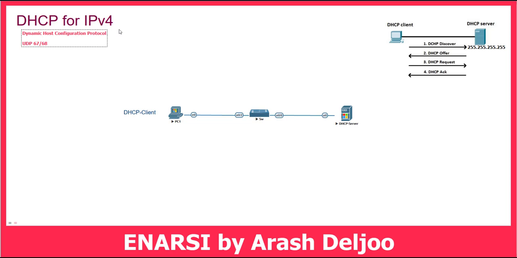Because the destination port of this DHCP discovery is UDP 67, only the DHCP server should answer the DHCP discovery.